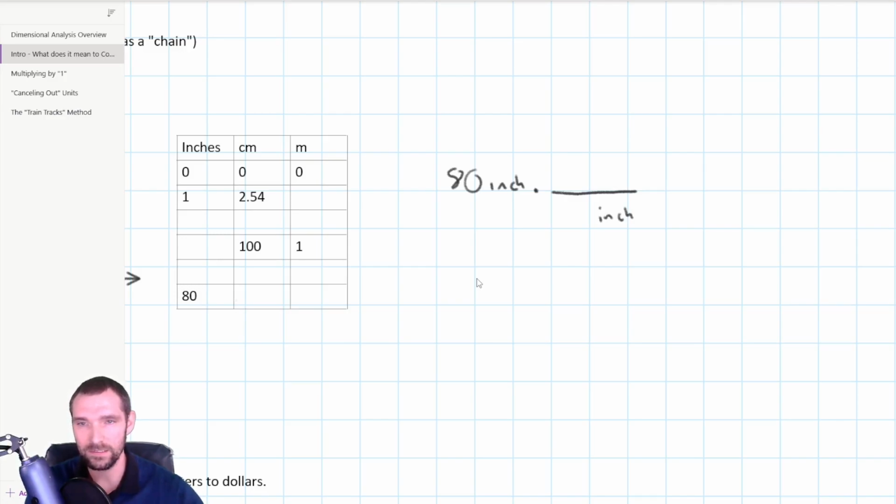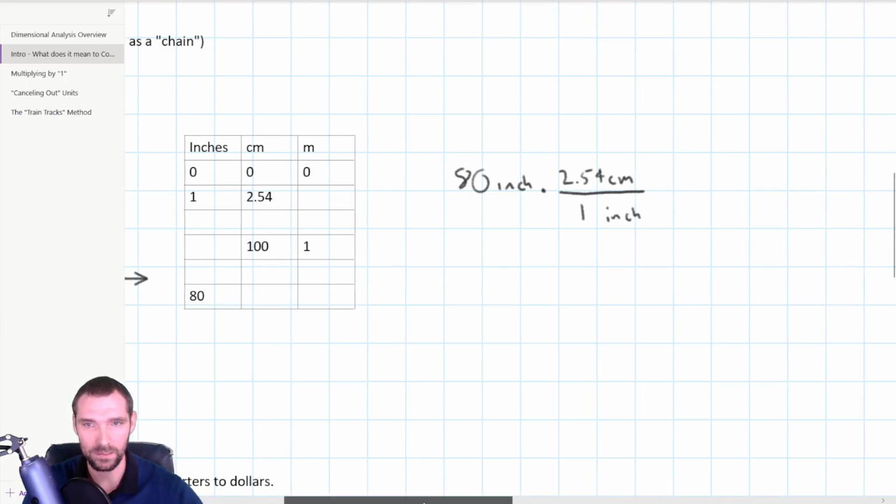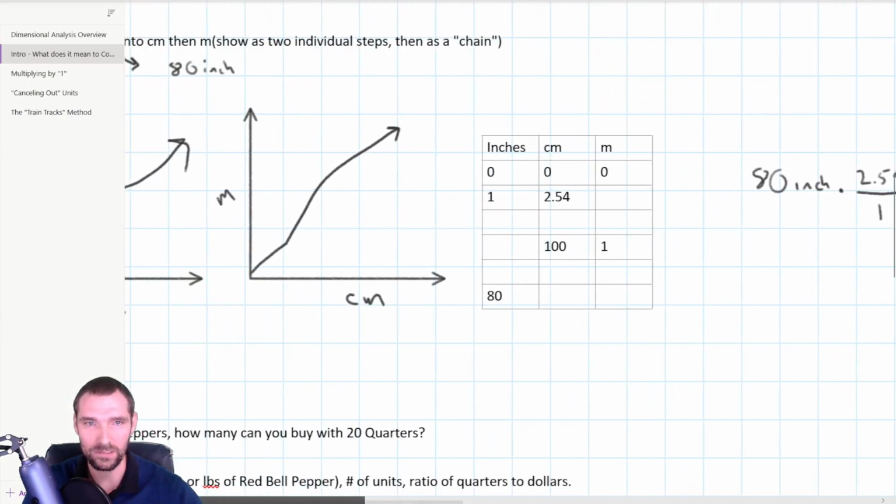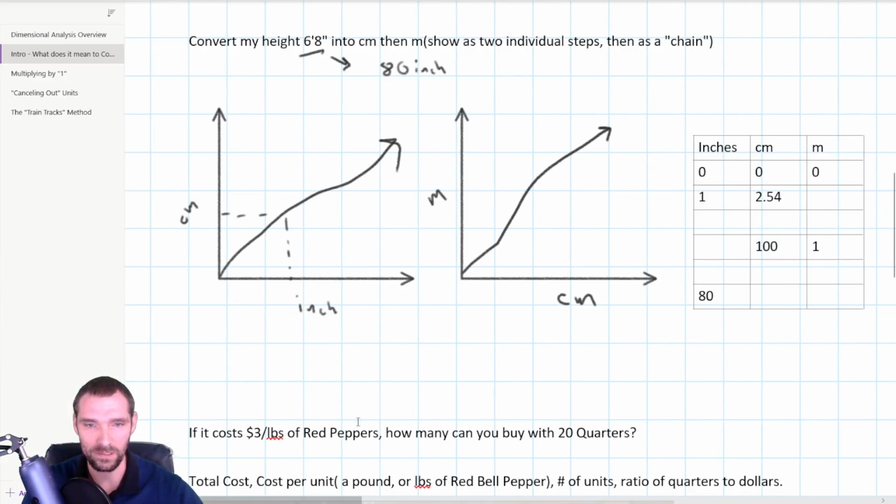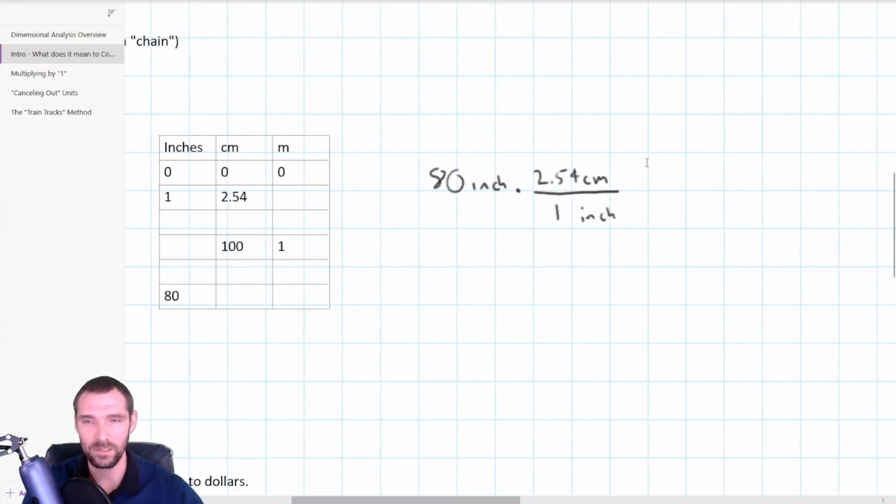So you can say inches and then centimeters. In 1 inch, we have the 2.54 centimeters. Now, you might be asking yourself, why is this number going on the bottom and that going on the top? Remember, this is slope. And if we're converting between inches and centimeters, you should have that slope that has centimeters and inches in it. Don't worry, I'll go over a little bit more of the explanation soon.